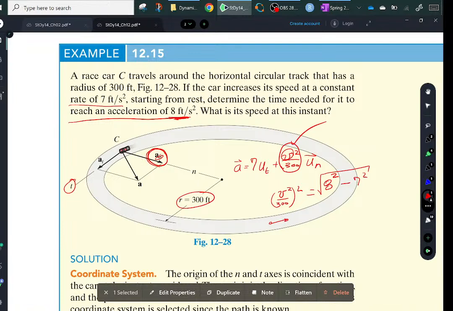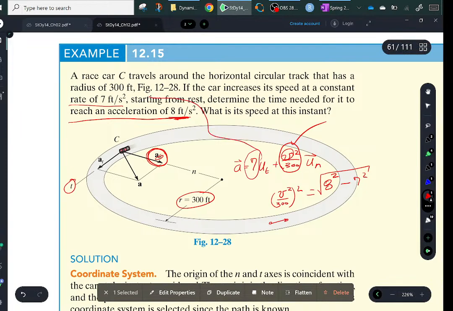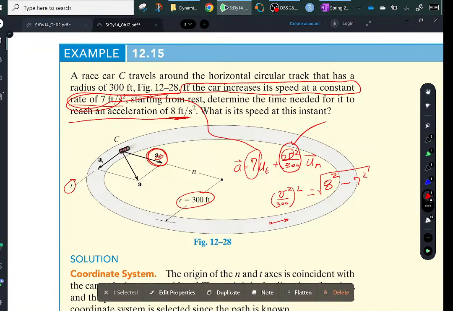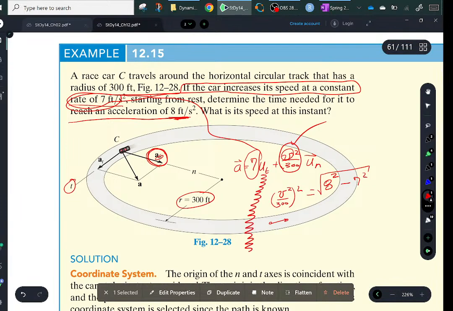Because it's V squared over rho. We're going to that because he just tells us the car's increasing its speed at a constant 7 feet per second squared. So we know this UT is associated with increasing the speed of the car.